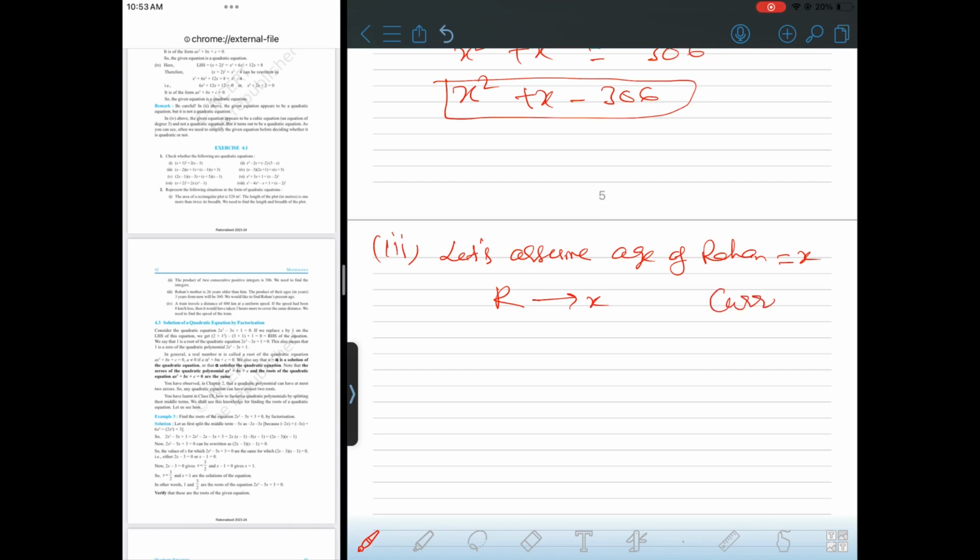Everything is current right now. And Rohan's mother is 26 years older than him. So his mother's age at the current time will be 26 plus X, because if Rohan's age is X, then her mother's age will be 26 plus X, current age, because she is 26 years older than Rohan.